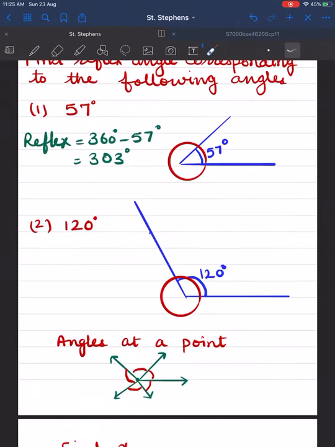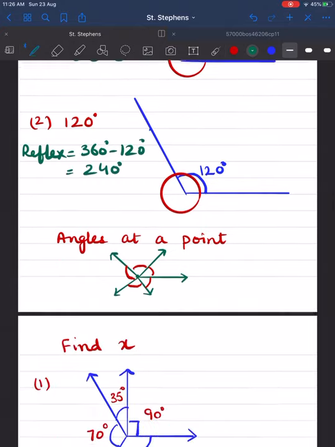Now in second figure we observe reflex angle is 120 degree less than the complete angle. So here reflex angle is equal to 360 degree minus 120 degree and we get here 240 degree.